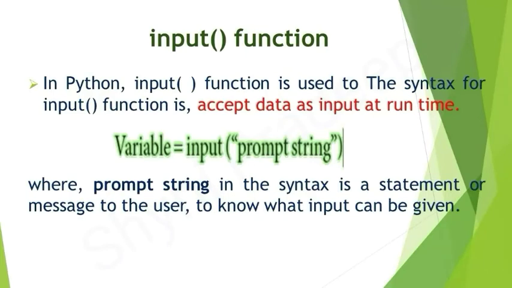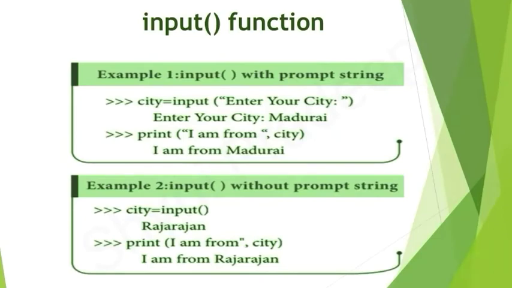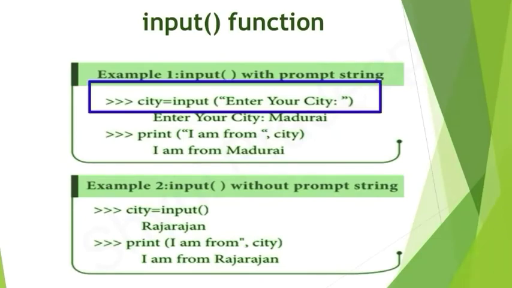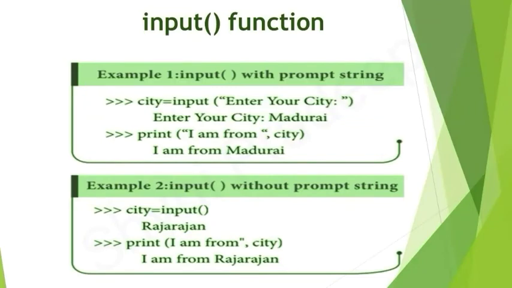Here what is prompt string? Prompt string is a statement or message to the user to know what type of input can be given, okay. So see one example. In example 1, input function is given with the prompt string. City is equal to input, enter your city, within parenthesis and double quotes. So after typing this code, this prompt string, enter your city, will be displayed on the output screen.